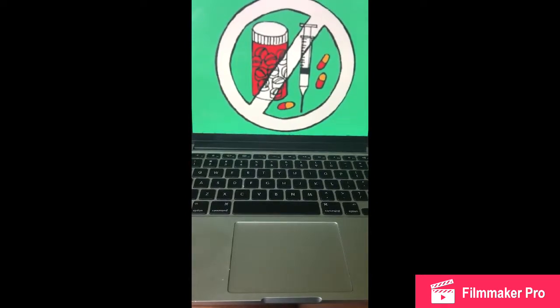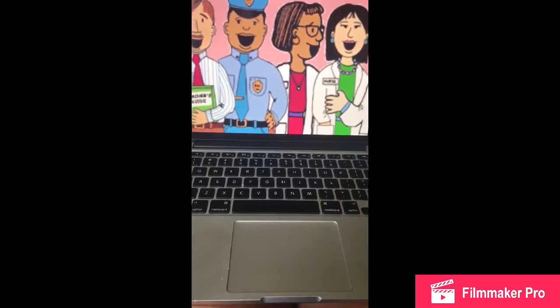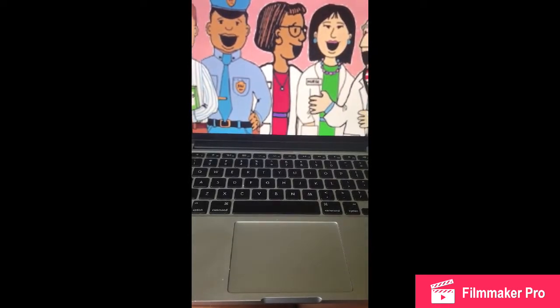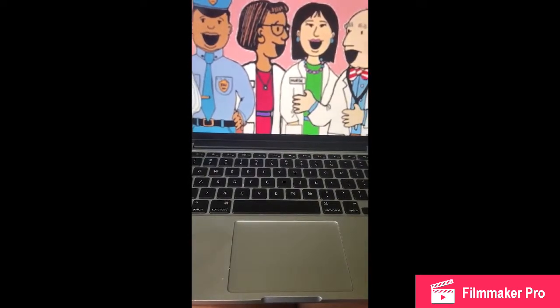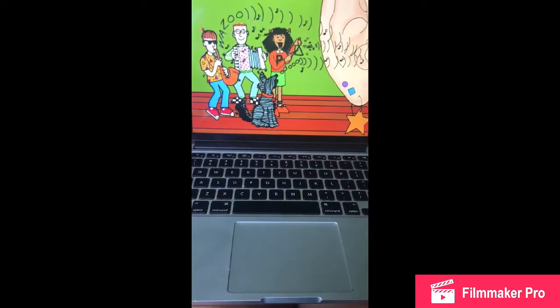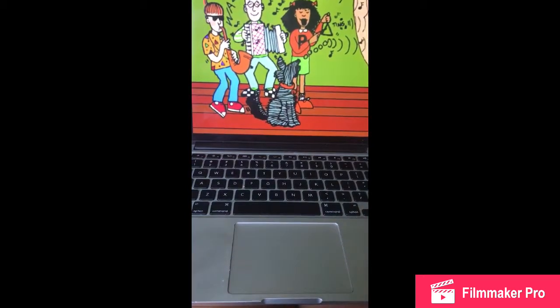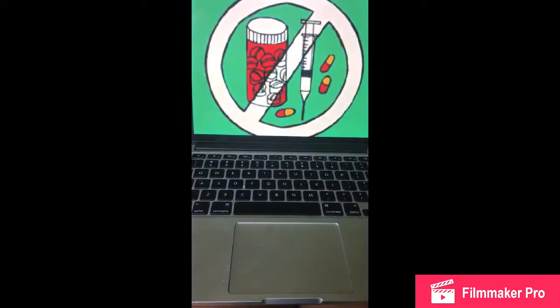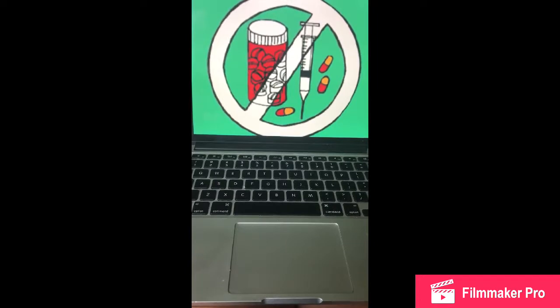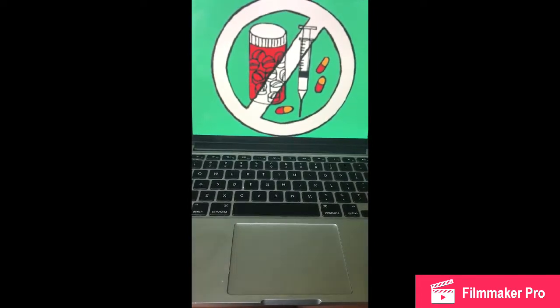No drugs, no way. There are other kids who drink and smoke out in the parking lot. They puff and cough and burp and choke and think they're really hot. But I don't need that stuff at all. No cigarettes or alcohol.